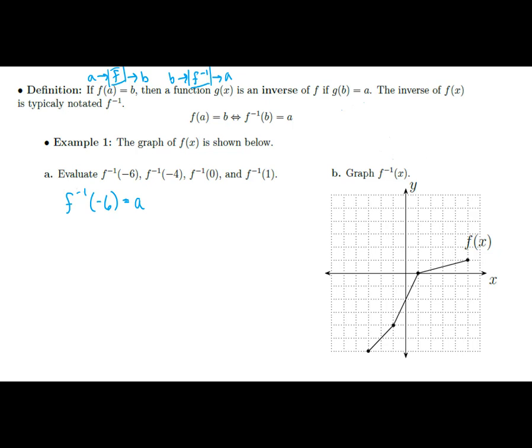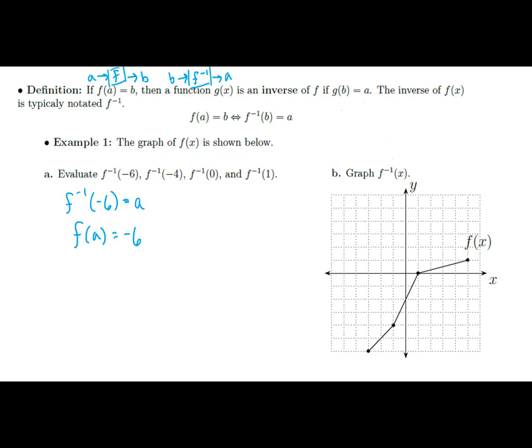But what this tells us is that if f inverse has an input of -6, then that means that -6 must be the output if you plug a into the original function. So all I'm doing is taking this definition and writing out exactly what it means, but instead of b I have -6 in here, so -6 would have to be the output for the original.